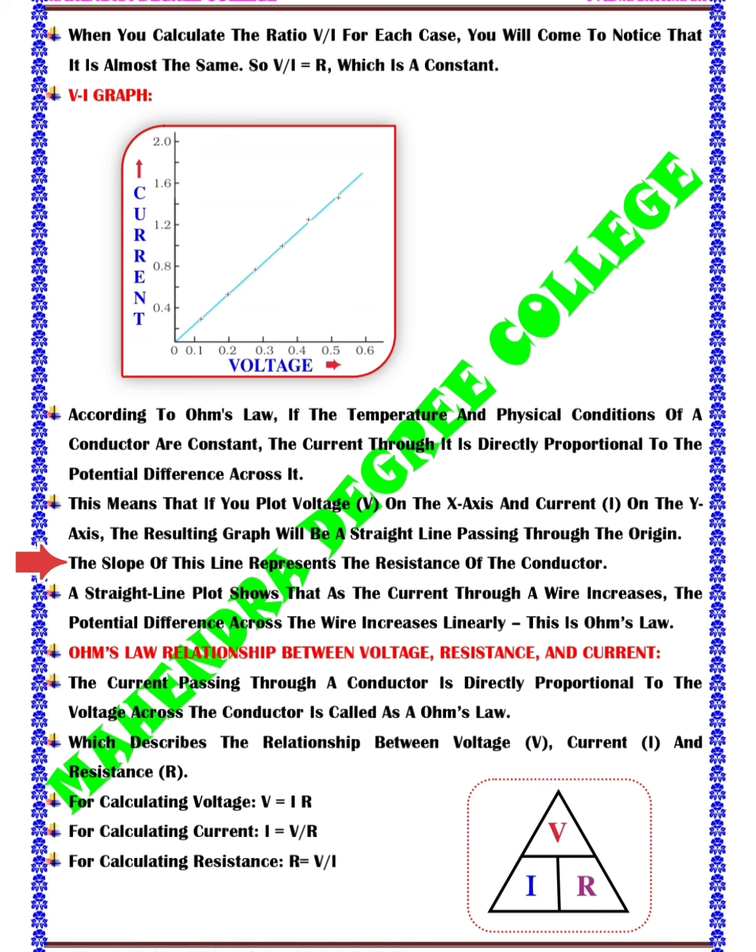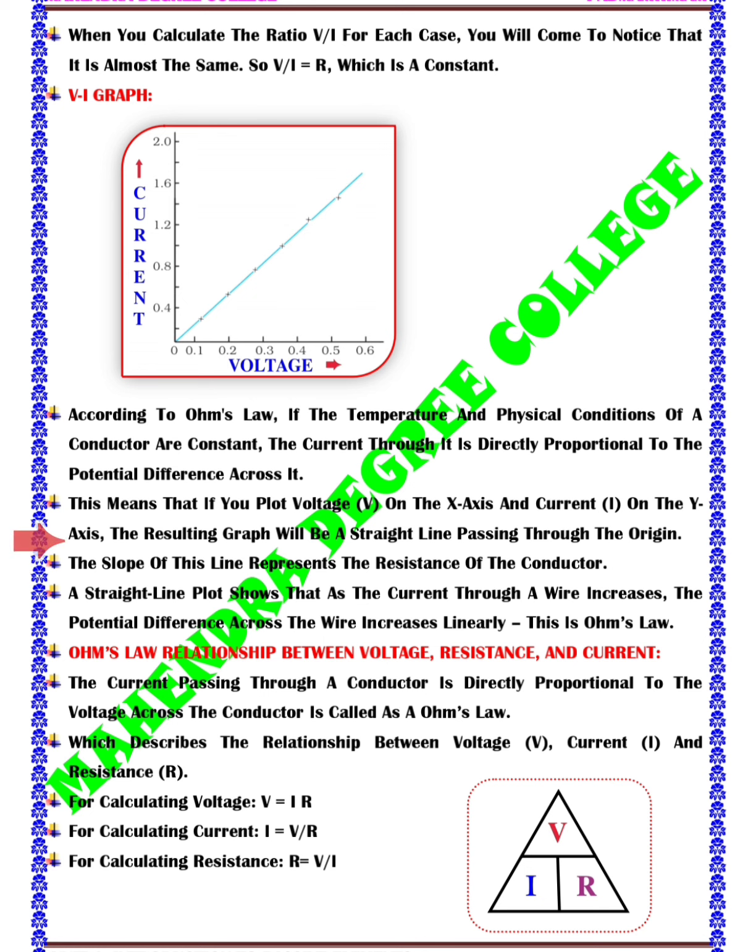It means the slope of the graph represents the resistance of the conductor, as in the graph above, based on Ohm's law. We know that V is directly proportional to I and V equals IR. Also, the slope of the graph represents R equals V by I, and it is known as the resistance of the conductor for which the graph is represented.